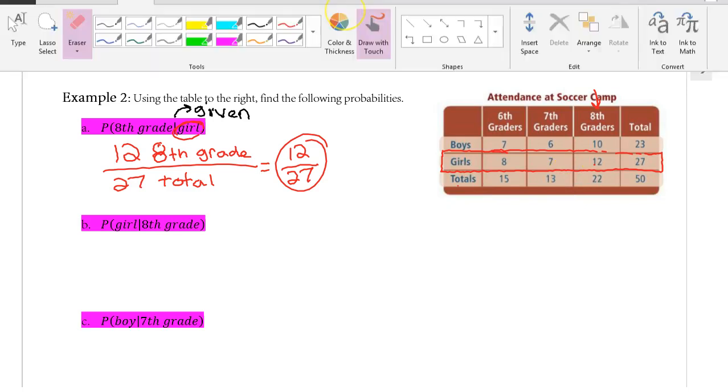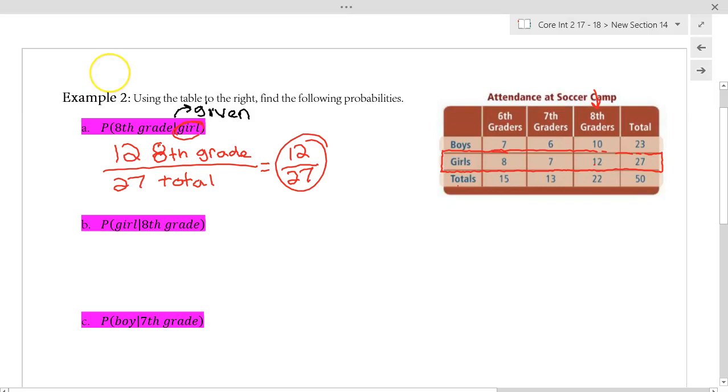Now I'm going to look at kind of like the opposite here. The probability of a girl given they're in 8th grade. Well, now what am I circling? I'm circling what's after that given. So I'm circling 8th grade. So I'm going to draw my box around here.